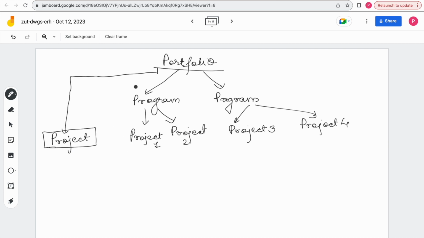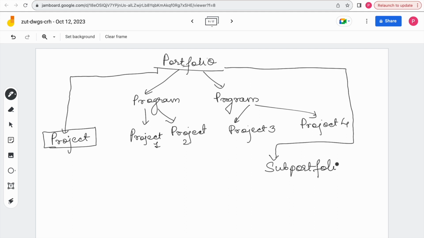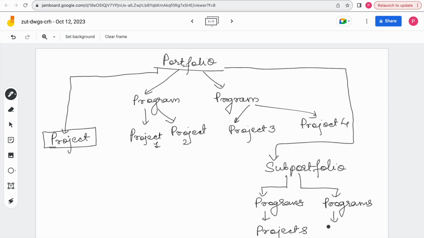Okay, and under a portfolio you can have sub programs or sub portfolios. Under a sub portfolio you can have programs, and under programs you can have a project or a group of projects.